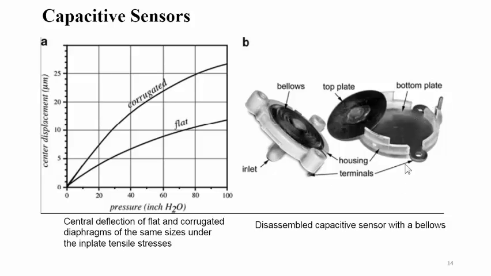The bellows is attached to the diaphragm. This diaphragm will move the plate upward and downward, and depending on that we get the change in capacitance at the device terminals.